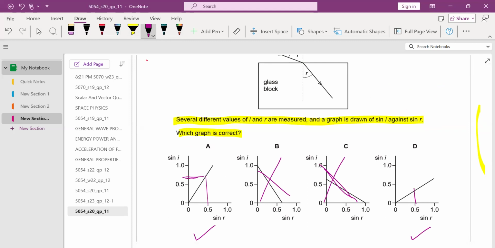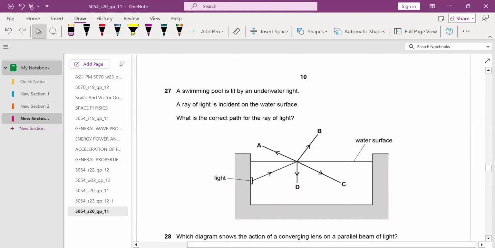However, in D, when sine R is increasing, the sine I has a smaller value. So option A is correct for question number 26.